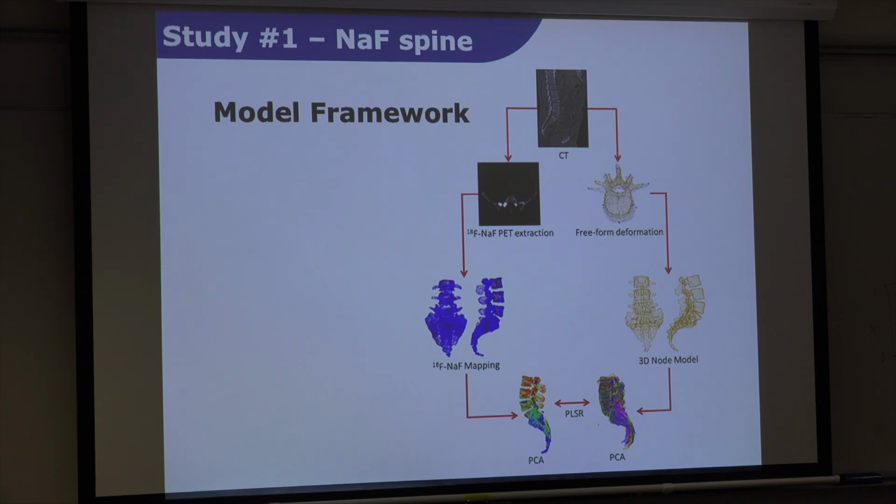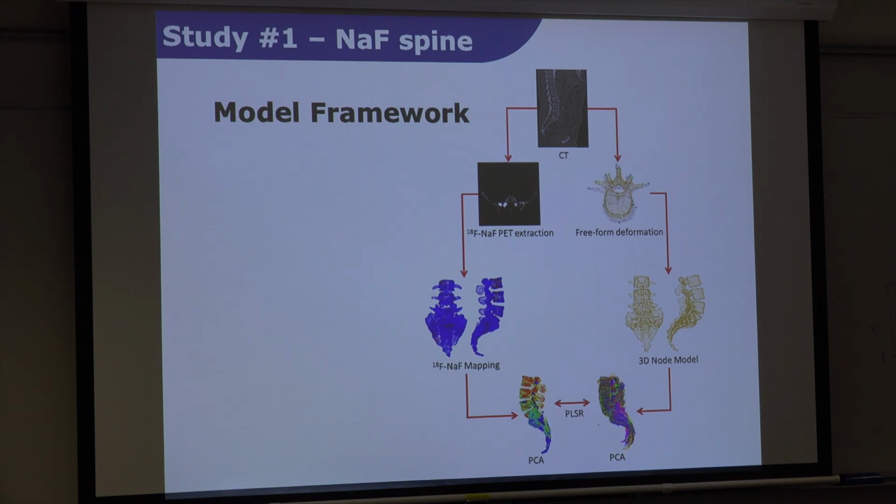So we did this by firstly segmenting out the subject-specific geometry from the PET-CTs and using a method called freeform deformation, or host mesh fitting. We morphed a generic lower lumbar to the subject-specific geometry that we got from the CT, which gave us a consistent group of nodal models across our population.